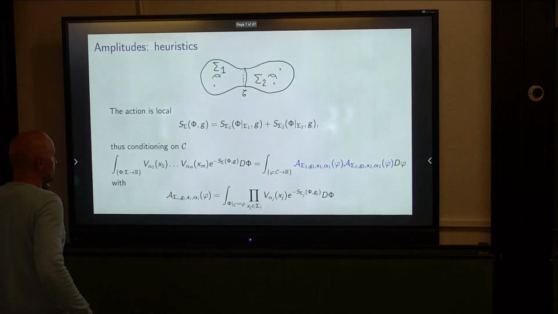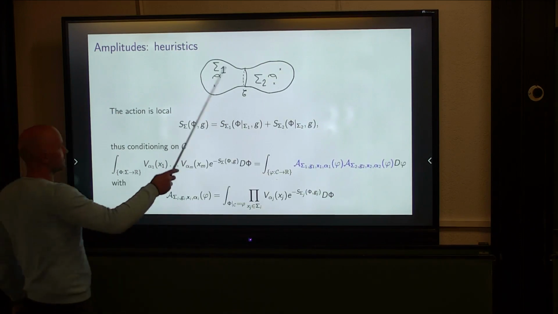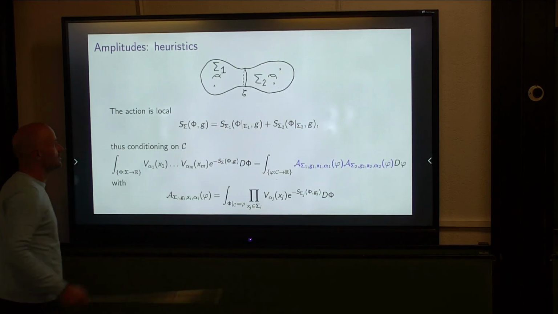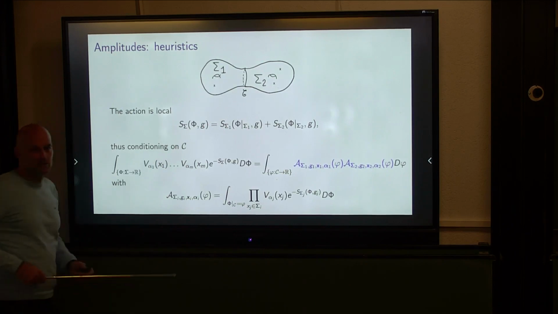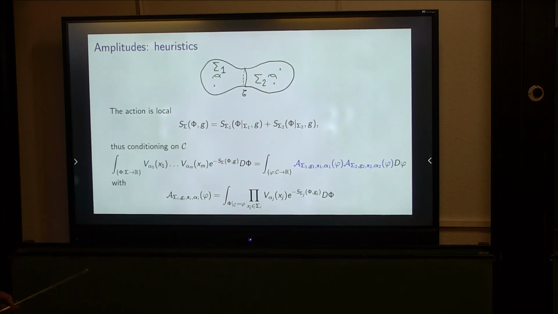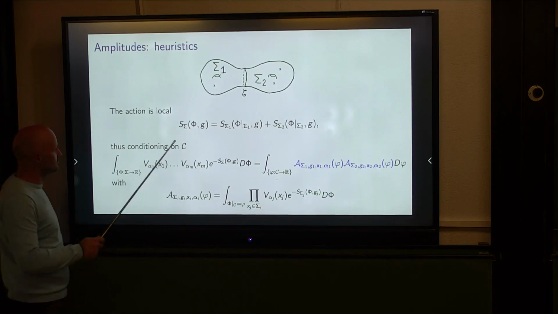And why do you want to use this? Because they have a nice gluing property. If you look at your path integral on the whole closed Riemann surface, you can cut your surface with a curve, a circle. The point is that your action is local.